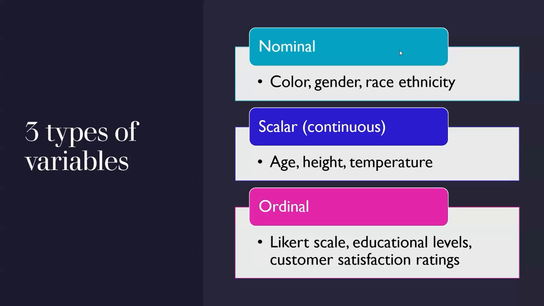Nominal variables, as you can see from the screen, include variables that have categories such as colors, gender, race, ethnicity, etc. Scalar variables are your continuous variables like age, height, temperature, etc. Ordinal, again, are like your Likert scale data, your educational levels, since education can go from K through 8, but you don't find decimal points in between. It's just K, 1, 2, 3, etc. And customer satisfaction ratings, because we generally rate them from 1 through 5 or 1 through 10, etc. So these are the three different types of variables.